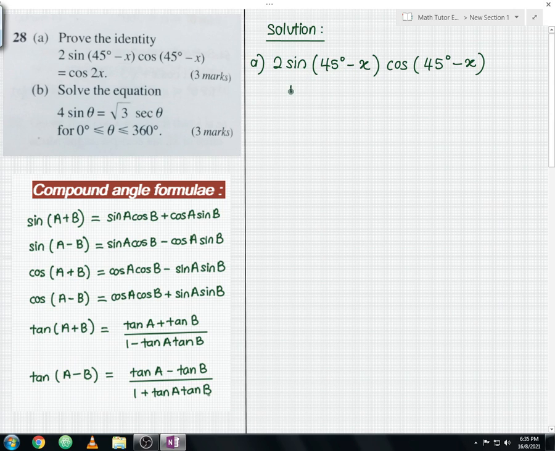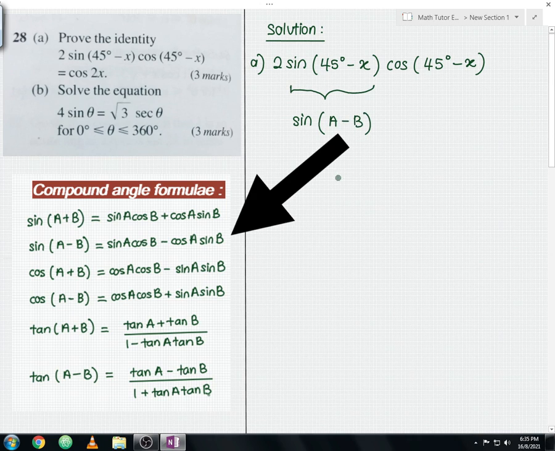So this is the first compound angle formula that we can find here. This sin(45° − x) is representing the formula sin(A − B).